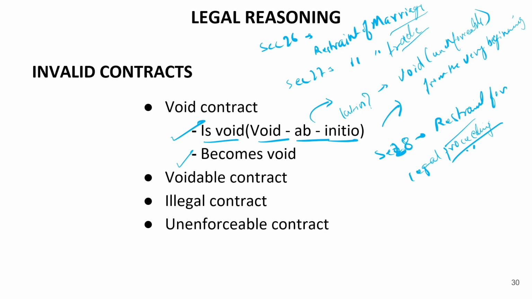So I suppose you are now clear with the terminology of what exactly is void, what is valid, and what is voidable. These will assist you in understanding that if these particular things are present, then that agreement or contract is valid, void or voidable.